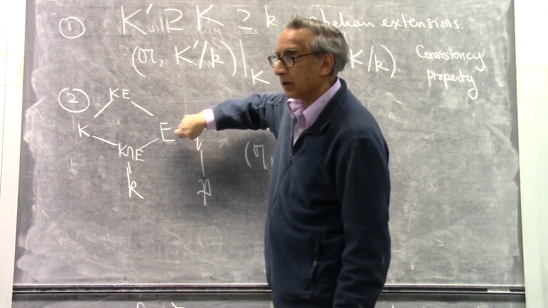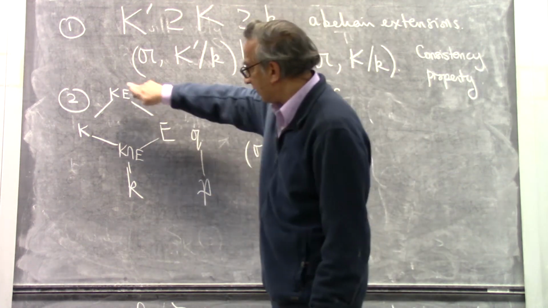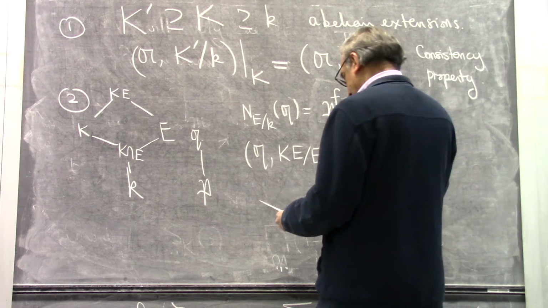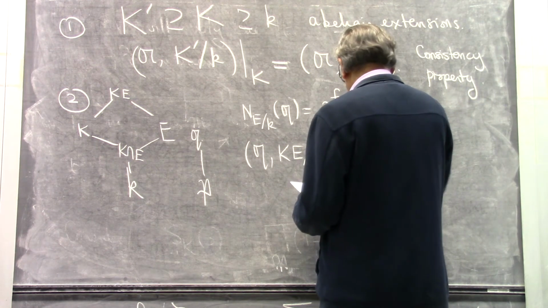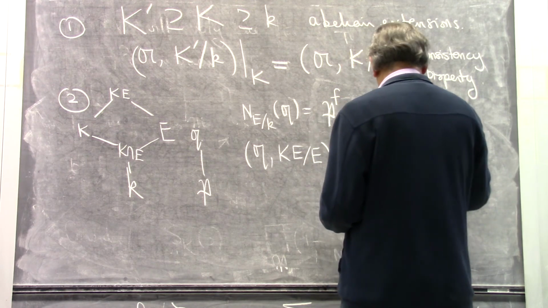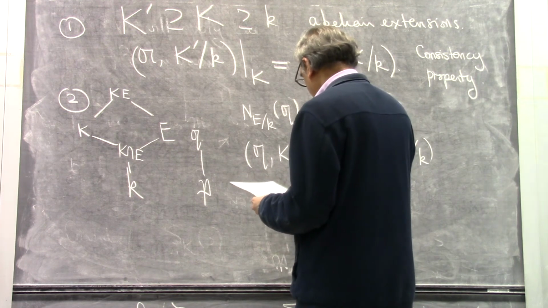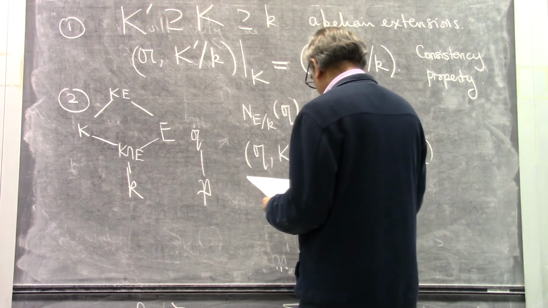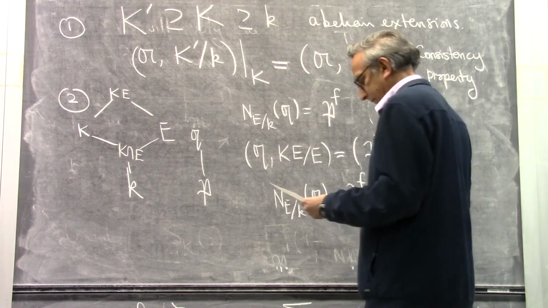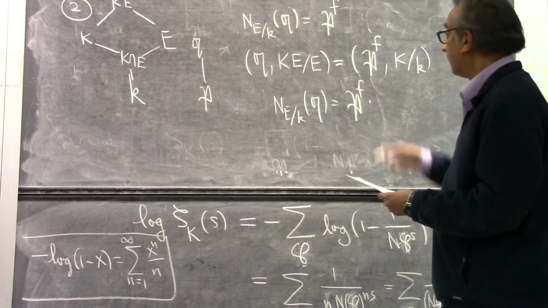I've got this prime ideal Q here, and I compute the Artin symbol here, keeping in mind that the Artin symbol will always be some sort of element of the Galois group. So this guy is the same as the Artin symbol of P to the f for capital K over little k, where P to the f is the norm from E. So this is very elementary.